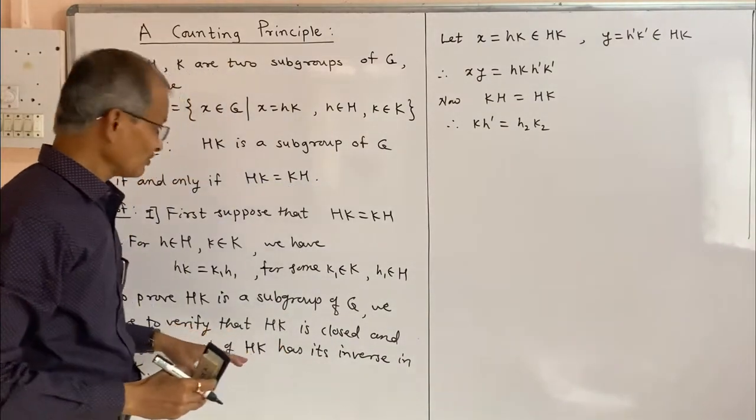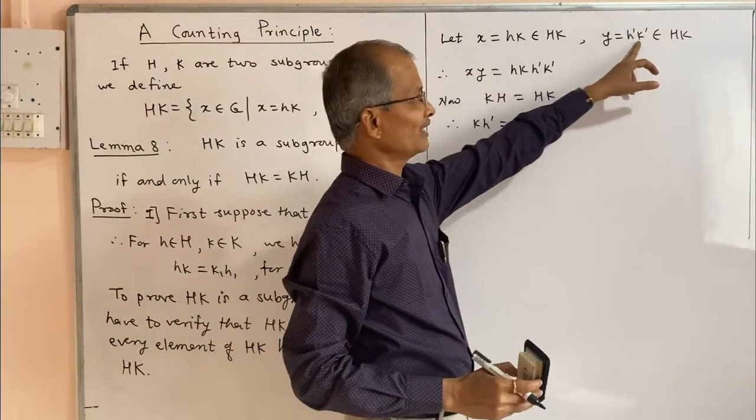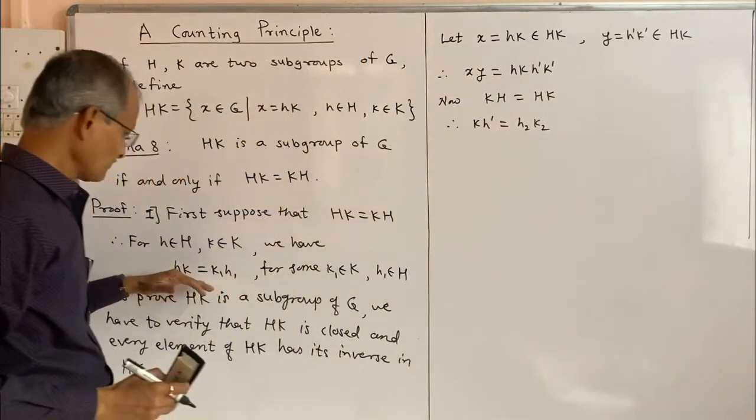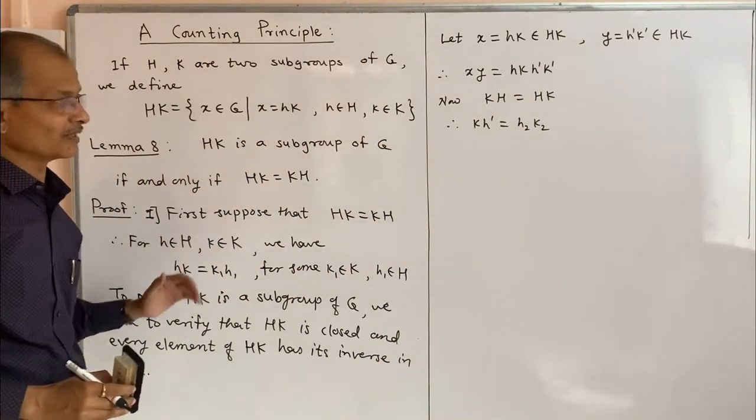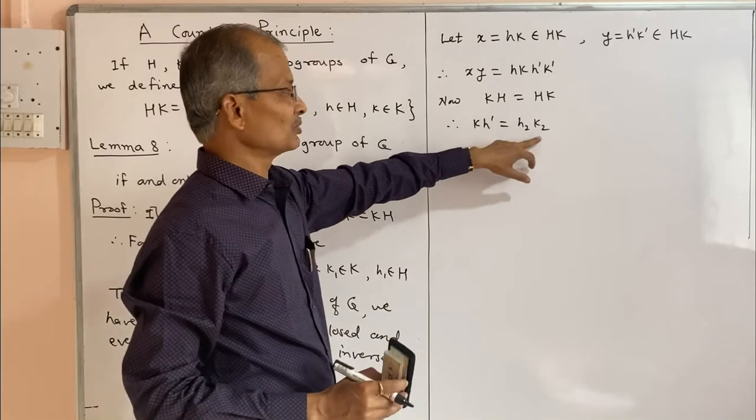We are using different notation for different elements. Here we have used notation hk, h'k', h1k1, k1h1, etc. So we use suffix 2 now.